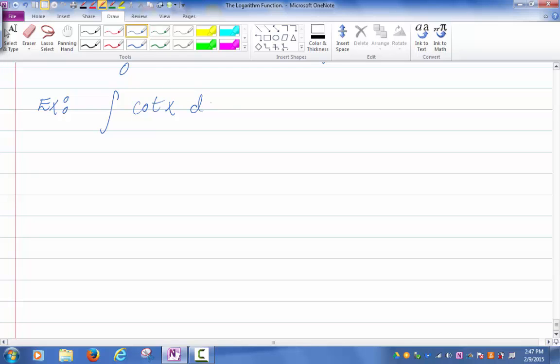Do we know that yet? We don't, right? So let's try that. Let's rewrite cotangent as cosine x over sine x. How would you integrate that?